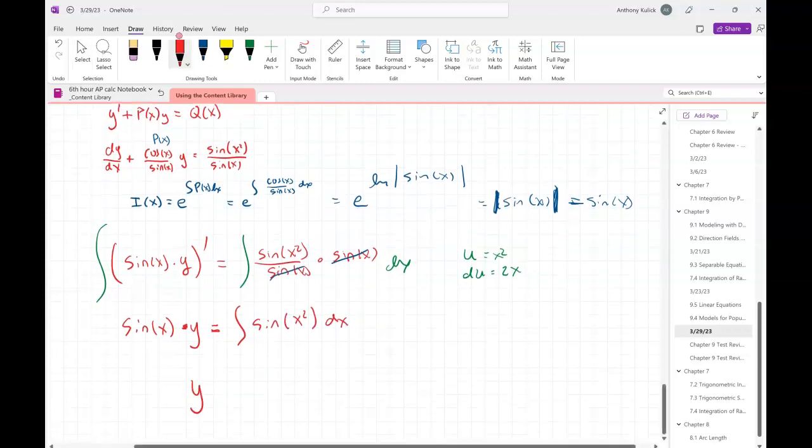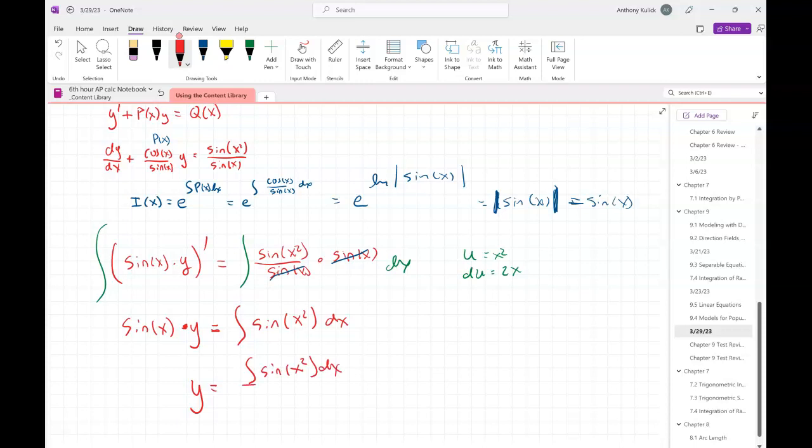So the last step is just to get the y by itself. And if you wanted, this answer's fine, but if you wanted to be extra fancy and write this as a function in terms of x, I can rewrite this using the fundamental theorem of calculus to write it as a real function of x.